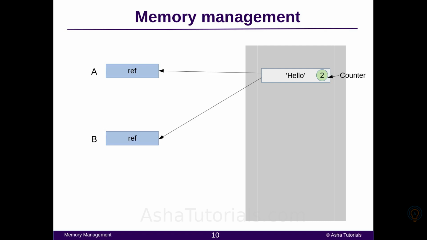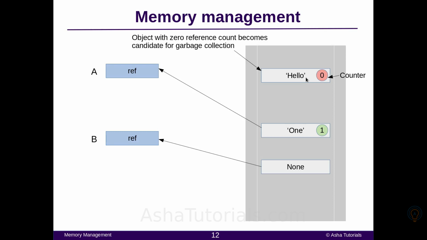When creating a second variable having the same value, it returns the same memory address of the object and the counter is incremented to 2. Now when variable a is assigned a different value at a later point of time, then that counter is decremented and again it changes to 1, because currently only one variable b is holding the reference for object hello.